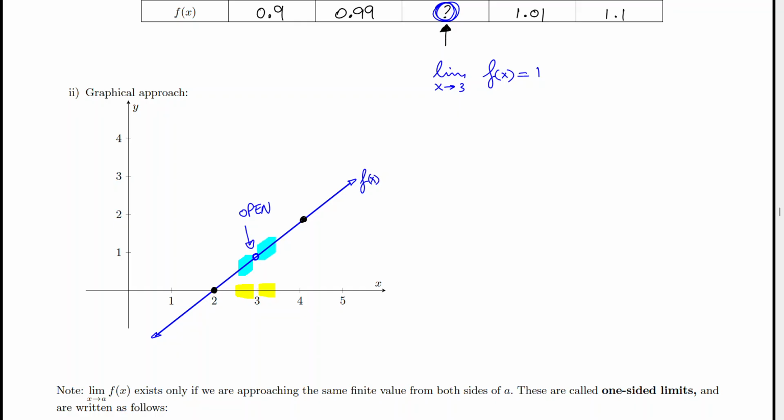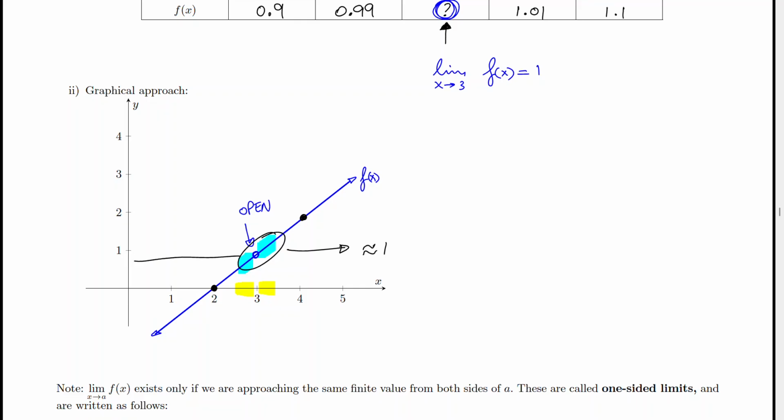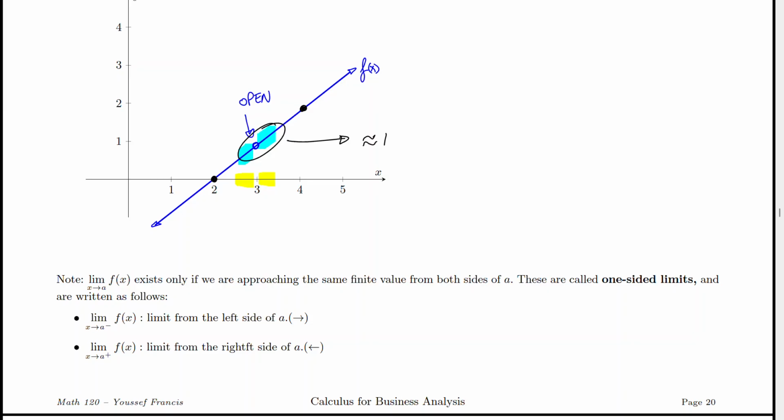And it turned out that all of these y values around here were approximately equal to 1. That's that number on the y-axis. Since they were all approximately equal to 1, we will say that if we were ever to reach 3, then 3 would give us exactly 1. So that's the concept of limits.